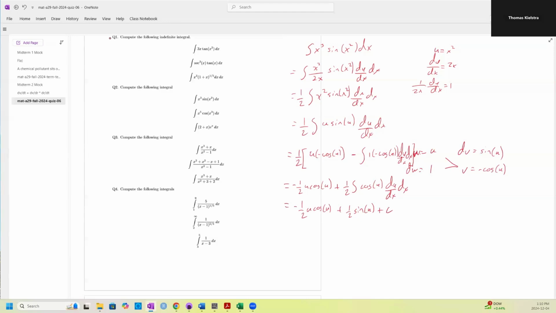Finally, I substitute back in x squared equals u. Minus 1/2 x squared cos x squared plus 1/2 sine x squared plus c. And we have our solution.